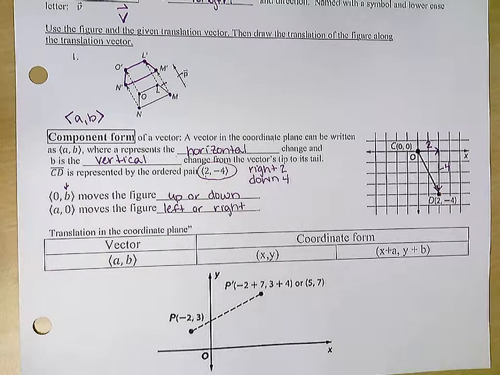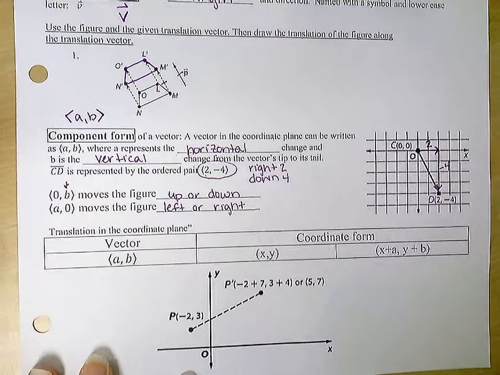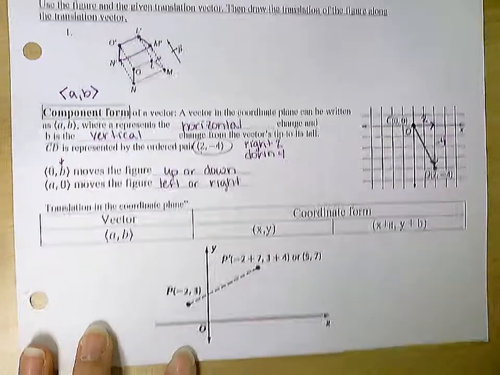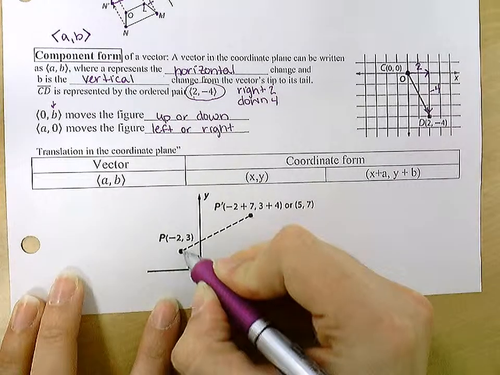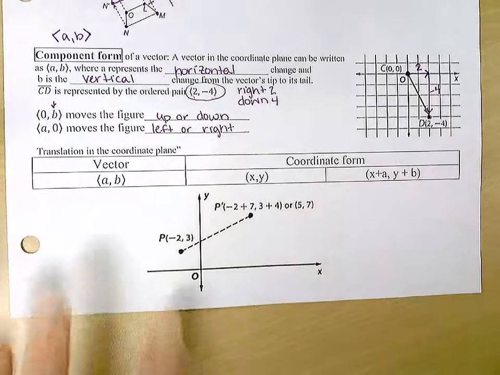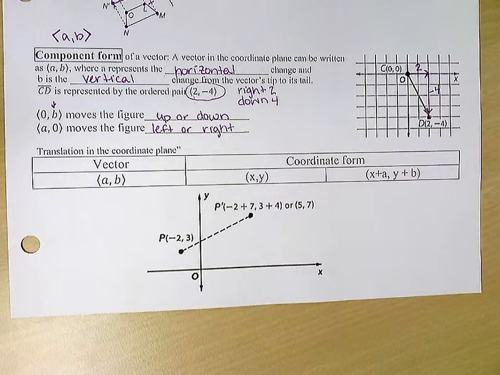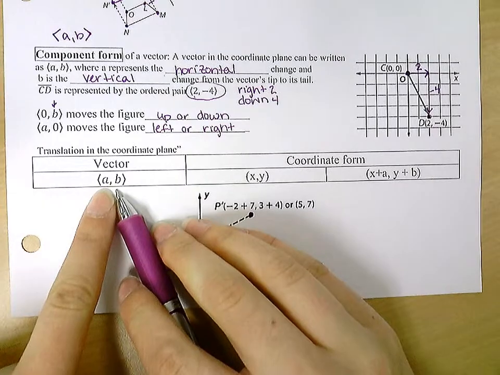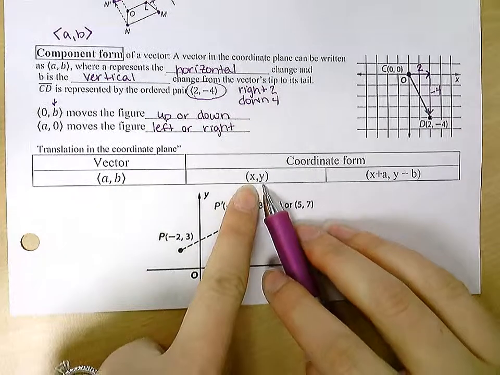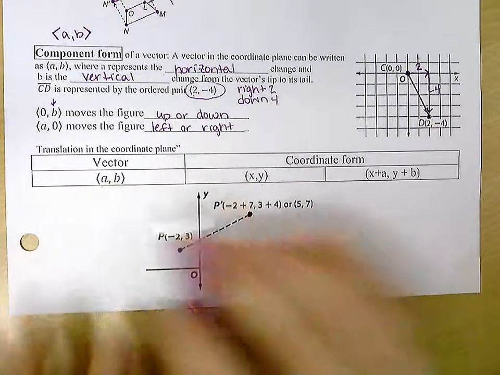Okay, so on the coordinate plane using a vector, if I'm going from point P to point P prime, you're using a vector to move it. So here's your vector, AB. Your original coordinate is XY.